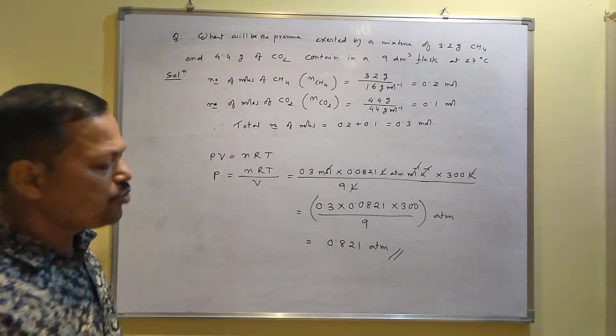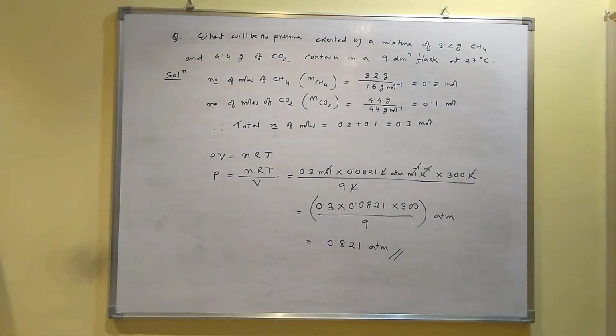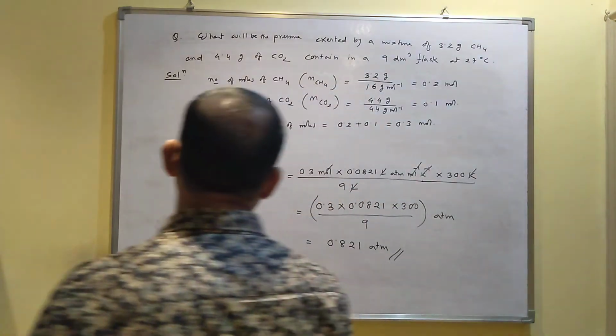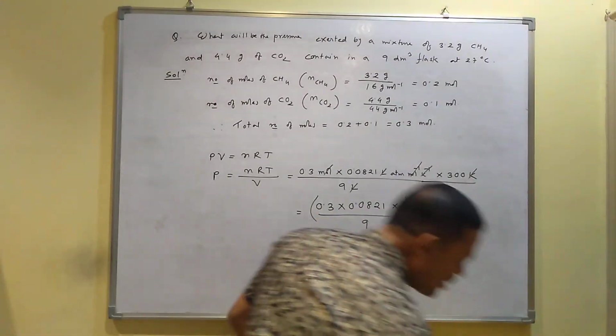So first you have to determine the number of moles of the mixture, and after that you can put it in the ideal gas equation and find the total pressure exerted by the mixture.